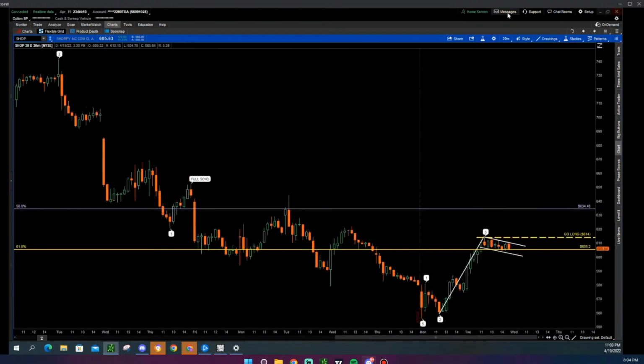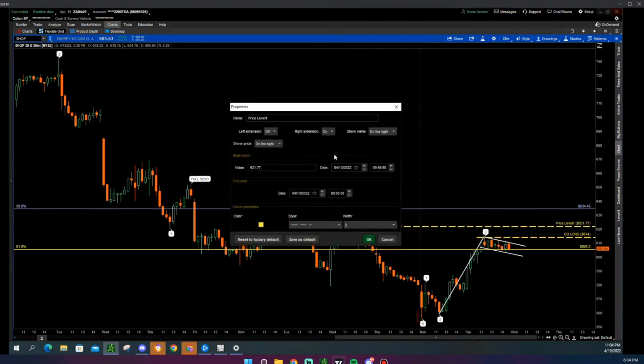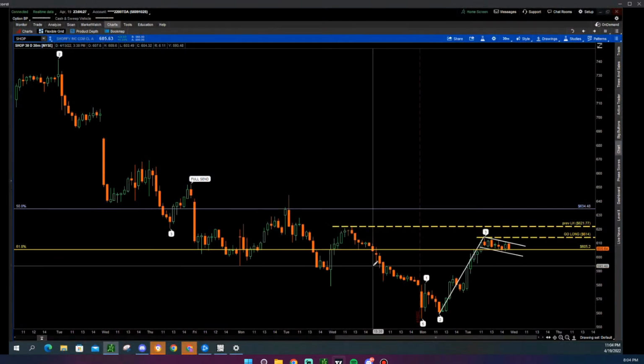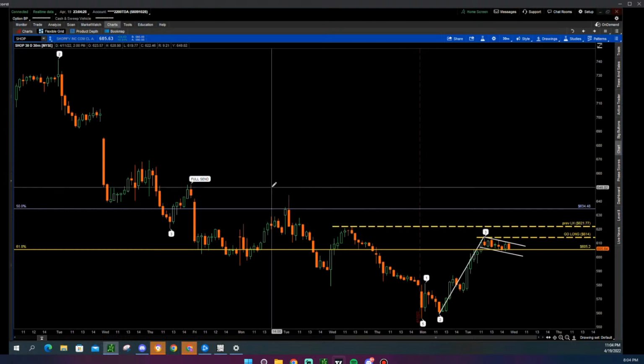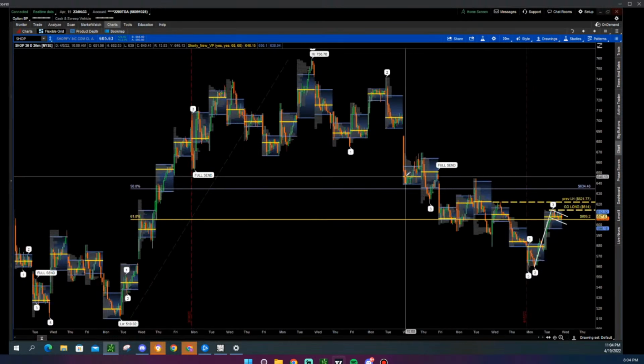So it still hasn't made a higher high on 30 minutes. It really needs to take this out right here. So that's something you're watching here. Let's see, just to make sure.